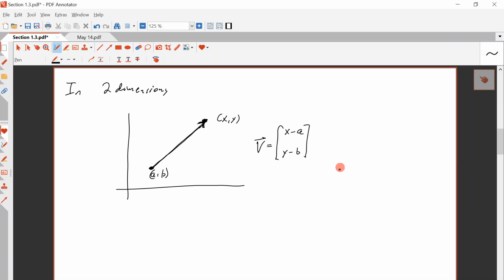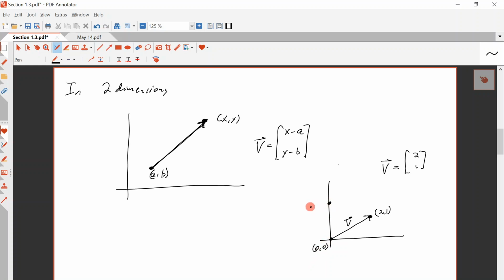Okay, so for example, the vector equal to, we'll say, 2, 1. There's lots of different vectors 2, 1 that you can find here. If this is the point 0, 0, and this is the point 2, 1, then the vector v is between those 2 points. But it's also between other points.